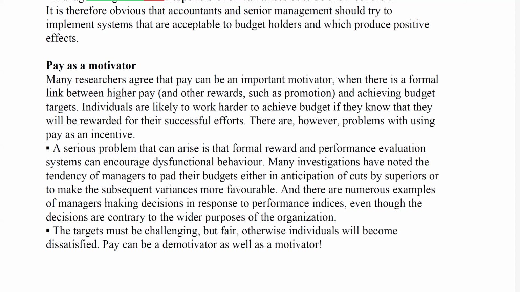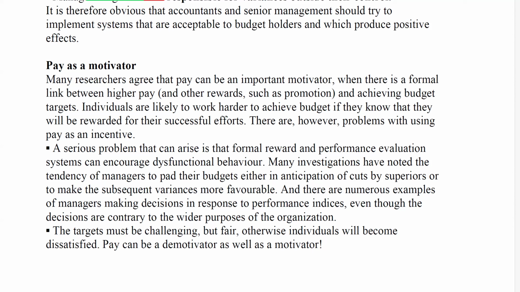And there are numerous examples of managers making decisions in response to performance indices, even though the decisions are contrary to the wider purposes of the organization. The targets must be challenging but fair, otherwise individuals will become dissatisfied. Pay can be a demotivator as well as a motivator. Okay, so these are some issues around pay, right? Some people just focus on pay.